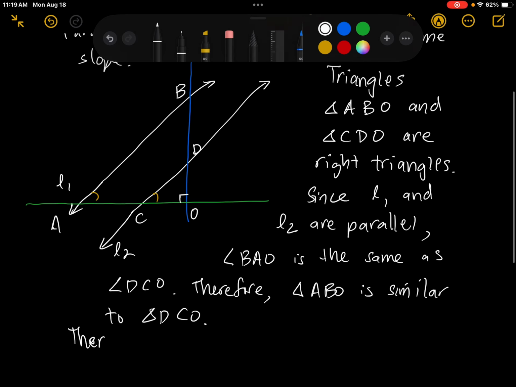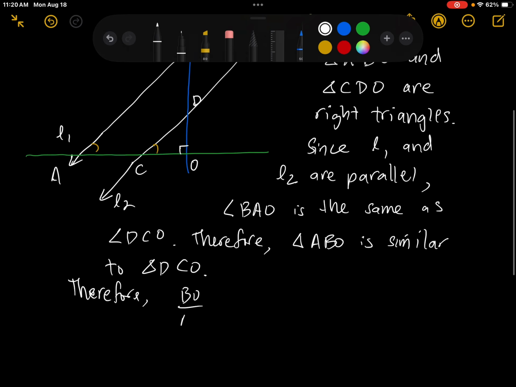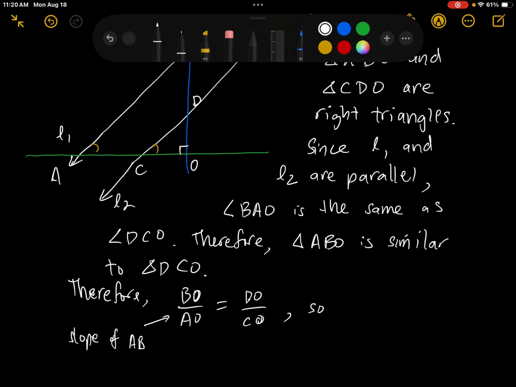So therefore, BO over AO equals DO over CO, and BO over AO is the slope of AB, DO over CO is the slope of CD, so L1 and L2 have the same slope.